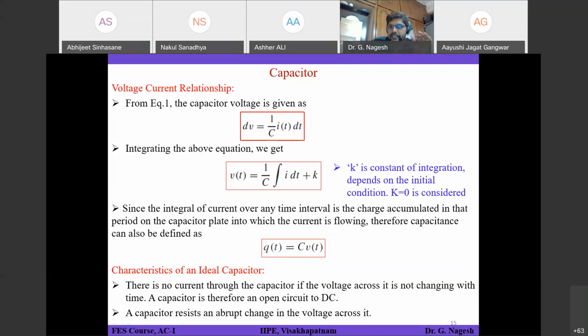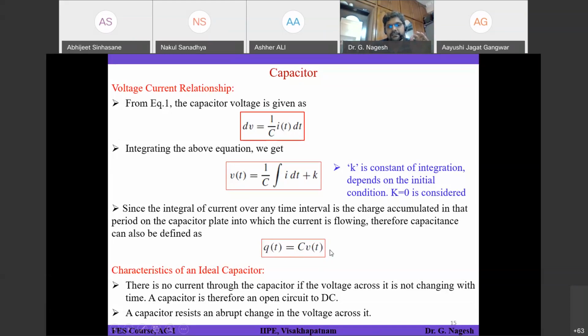If the current is flowing into the positive terminal and some charge is already there, say you have started giving current at time instant t1, but there is some charge which is already there at t naught, then you will get q of t1 minus q of t naught is equal to c into v of t1 minus v of t naught.